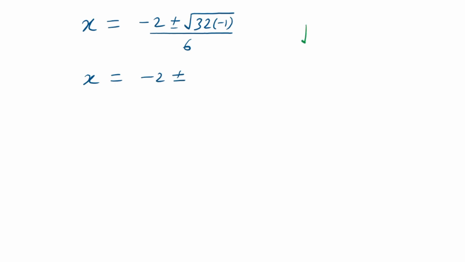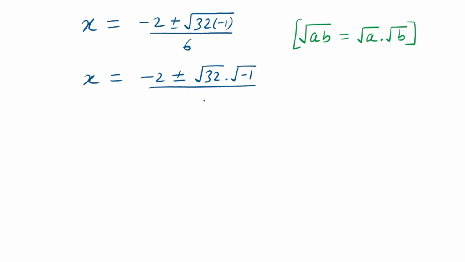Here we will apply this rule: square root of a times b is equal to square root of a times square root of b. According to this rule, we can write this expression as square root of 32 times square root of minus 1, over 6.